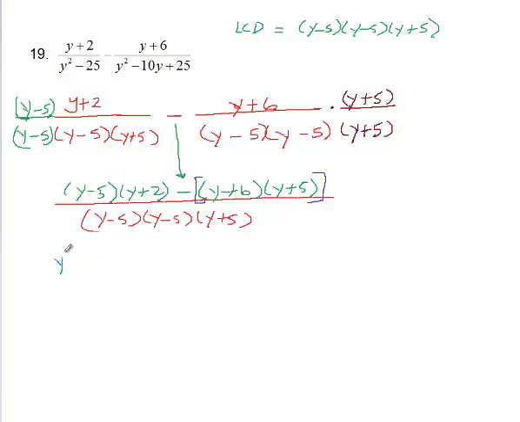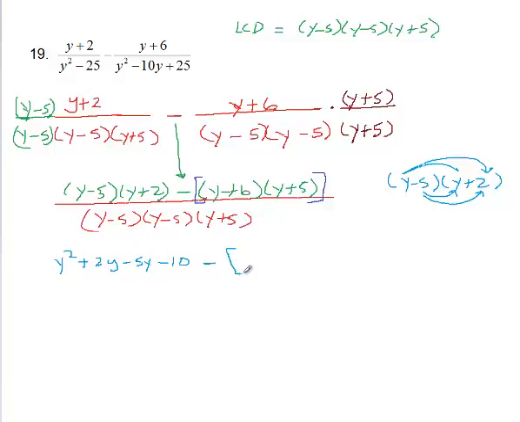So on top I get y squared plus 2y minus 5y minus 10. Now you should be comfortable multiplying two binomials. I'll just do it here again on the side. Some people call it the FOIL method, some people call it extended distributive property. You take the y, multiply it by y, take the y, multiply it by 2, minus 5 times the y, minus 5 times the 2, which is what I did there.